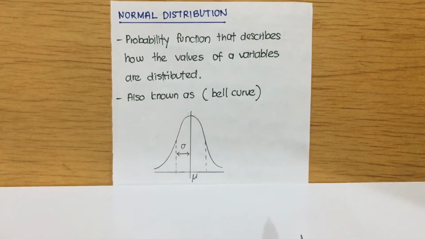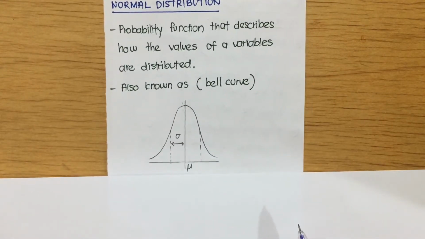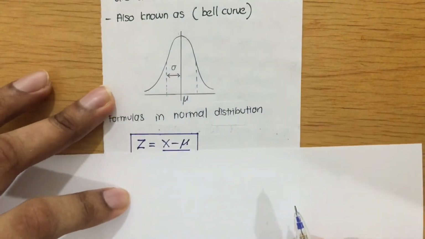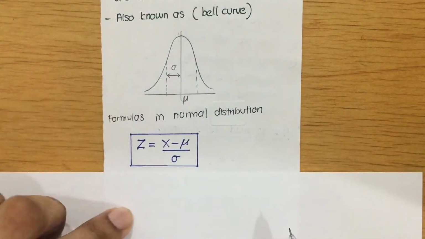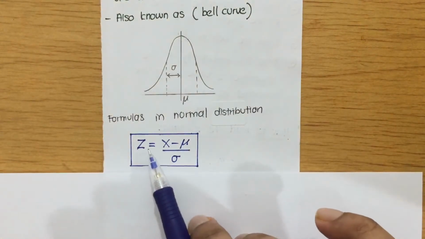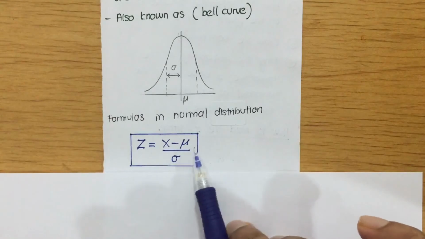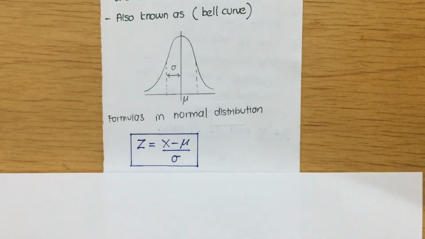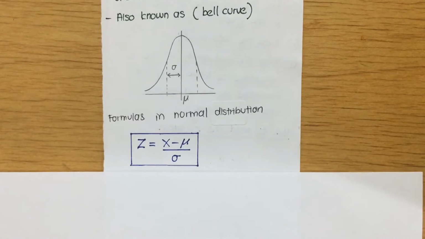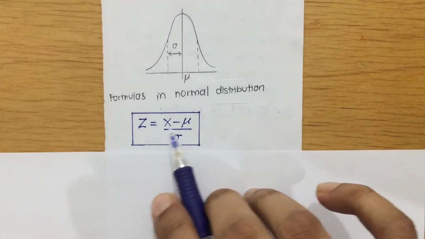Let us look at the formulas that involve the normal distribution. Z is equal to x minus mu divided by sigma. So what does this mean? Let us take a look at the variables.